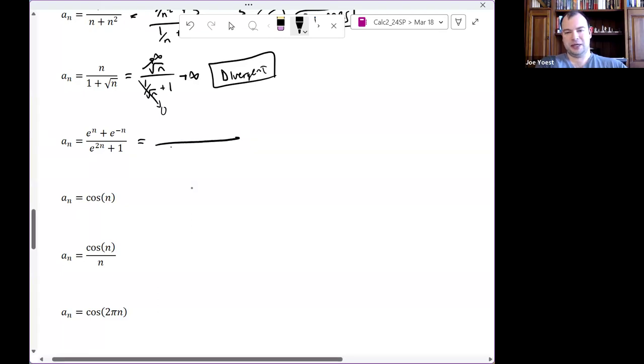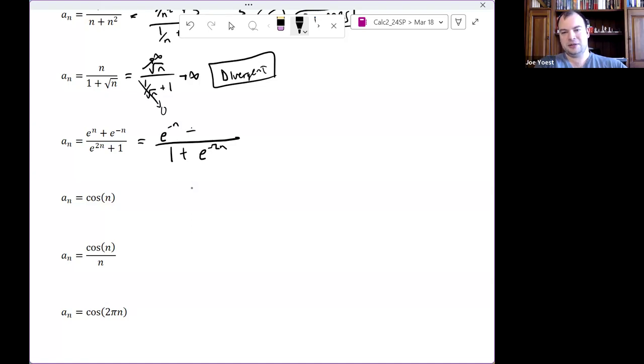If I divide through on the bottom, I get 1 plus e to the negative 2n. And on the top, I get e to the negative n plus e to the negative 3n. The limit of the quotient is the quotient of the limits, and the limit of the sum is the sum of the limits. And I see that all of these e to the negative n, 2n, or 3n functions go to 0. Those limits are all 0. Gives me 0 over 1, or 0.